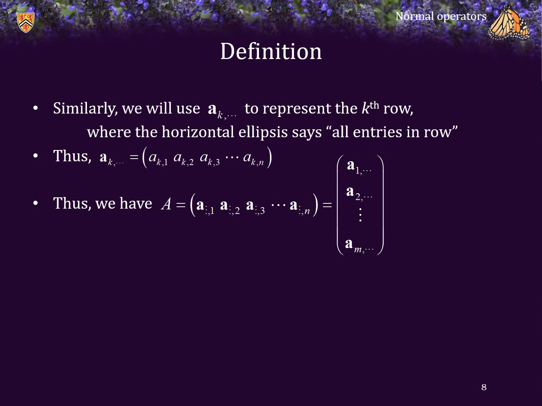Consequently, we can have a matrix either represented by n columns, each of which is a vector that is m-dimensional, or we can represent the matrix as m row vectors, each of which is n-dimensional.